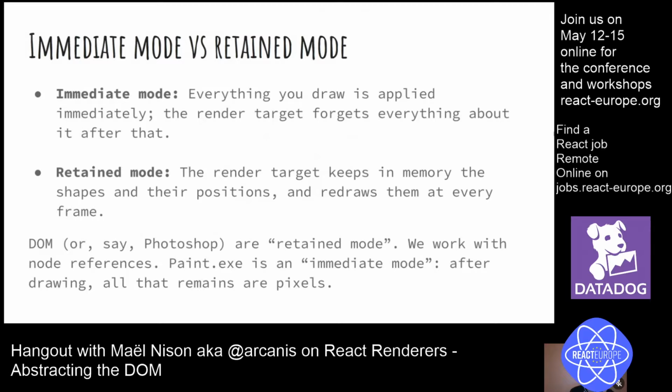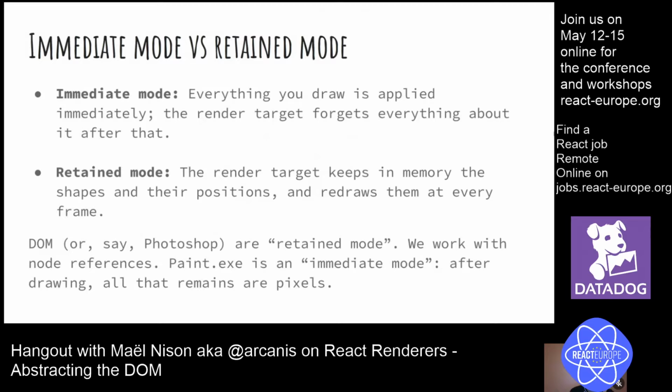In retained mode, the render target will keep in memory all the shapes and all their positions and will be able to redraw them at every frame. So for example, if Paint is an immediate mode, then Photoshop is a retained mode, because then you can create objects that are stored inside their own layers, and at any point in time you can resize them, move them, and Photoshop will have kept the information about the shapes themselves.